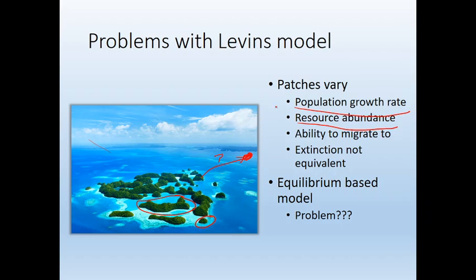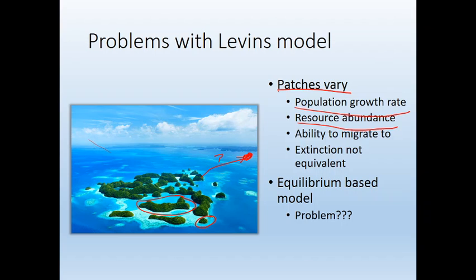Patches are going to vary. We know that. But this model chooses to ignore those things, and that's not necessarily a problem. While it does ignore these things, it still brings about really interesting conclusions that we'll talk about coming up.